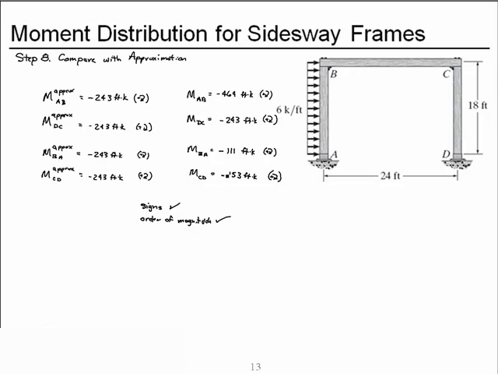So the question is still, is this a reasonable result from moment distribution, or have we made some errors? Let's think about some of the other clues we've had so far. Our intermediate checks all worked out. And let's think about the portal method. We assumed that the inflection point was mid-height of the column.